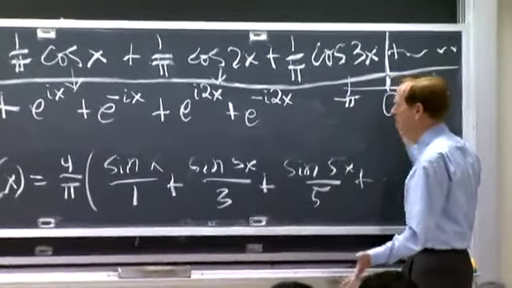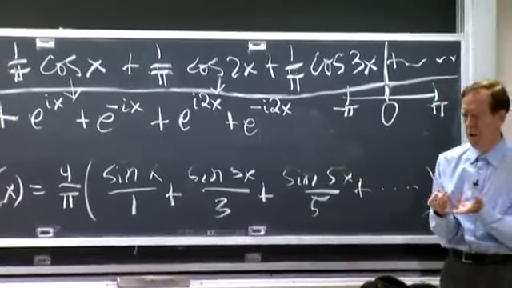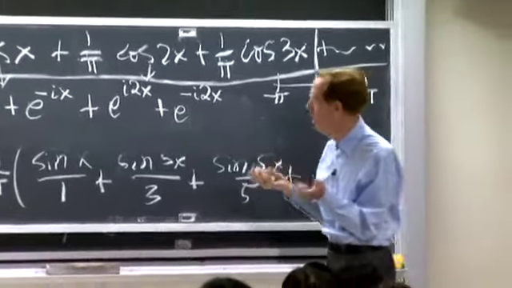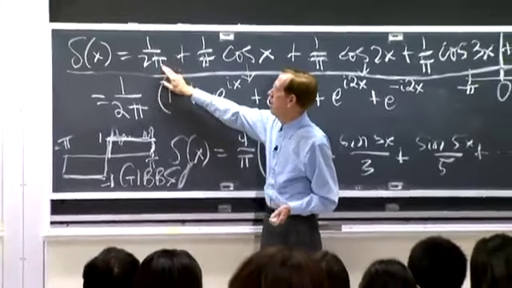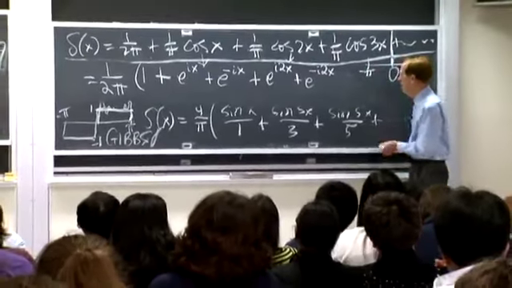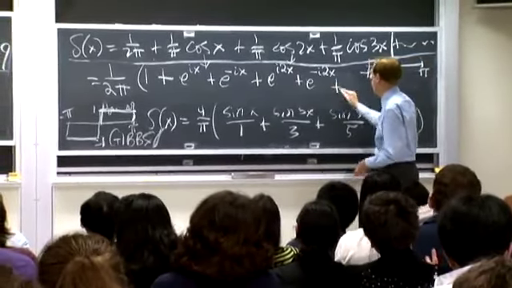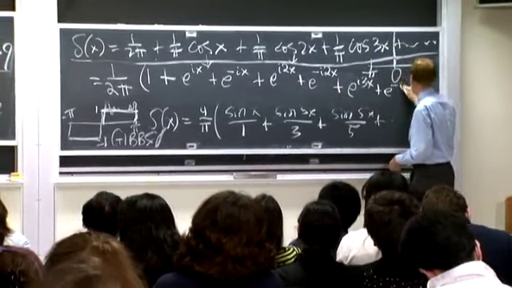Do you see what's happening? It's an example to show you why the complex case is so nice. Here we had to remember a different number for A naught. Here it's just, so the next one will be e to the i 3x and e to the minus i 3x.